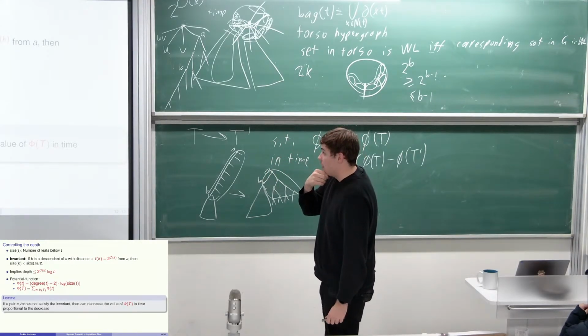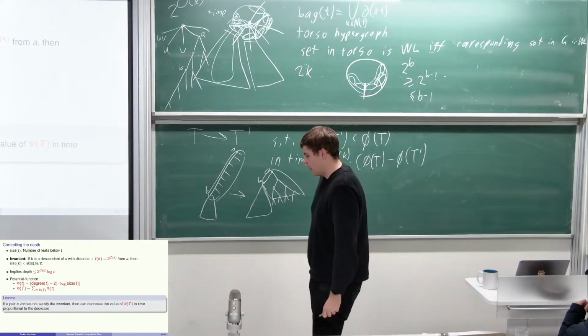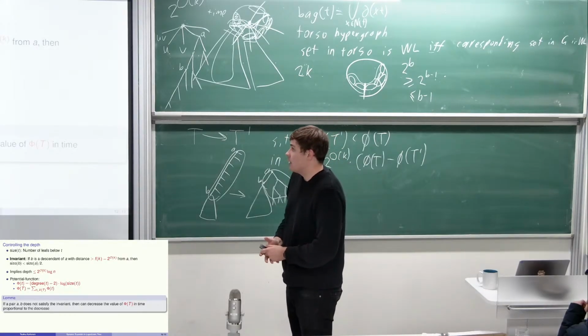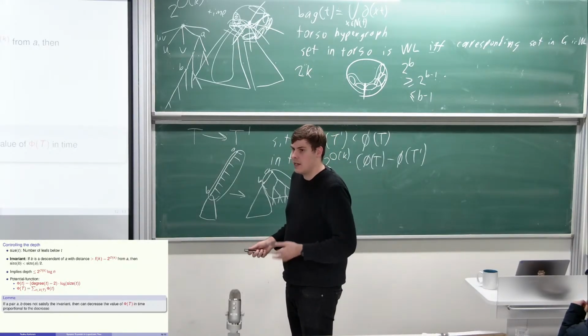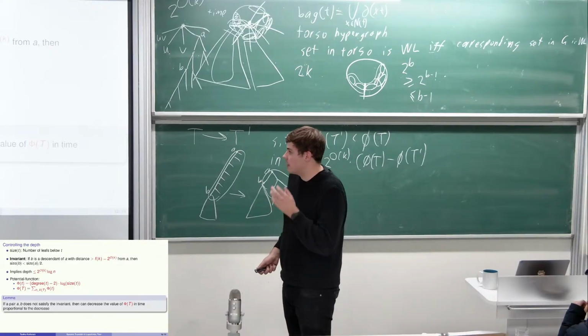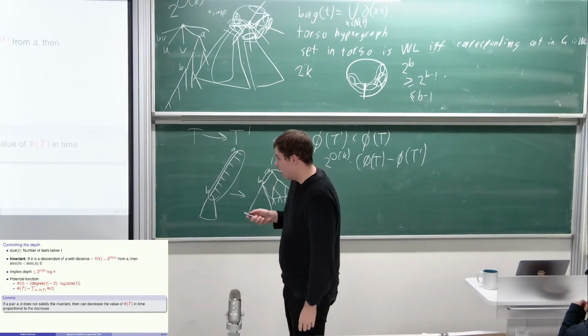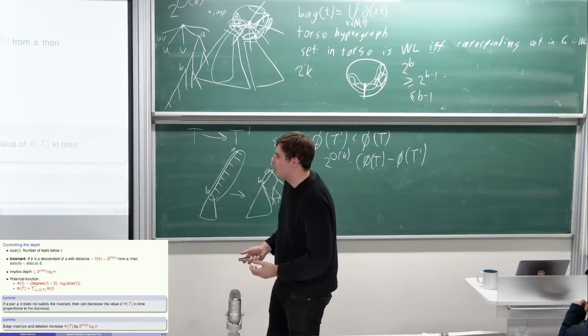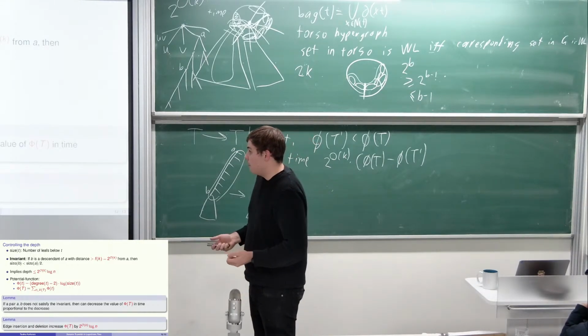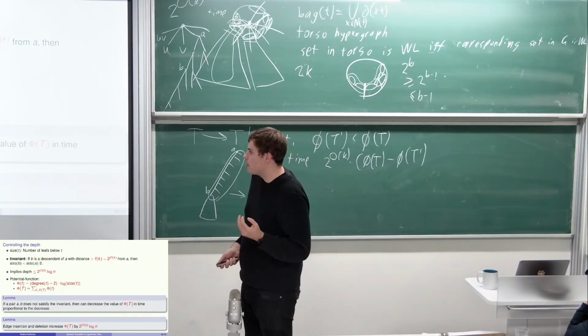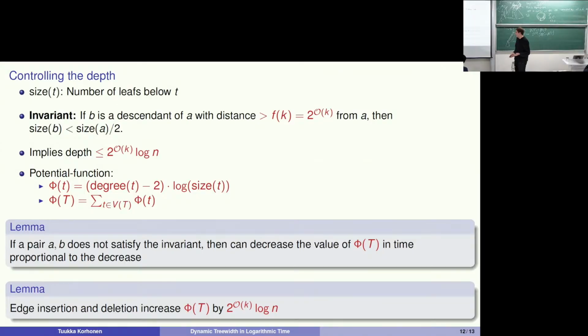But that's the idea, and this is all inspired from splay trees. This is essentially the same kind of stuff that happens in the traditional analysis of splay trees. Then we need another lemma that says that when you do edge insertions and deletions, the potential grows a bit, but not by too much.